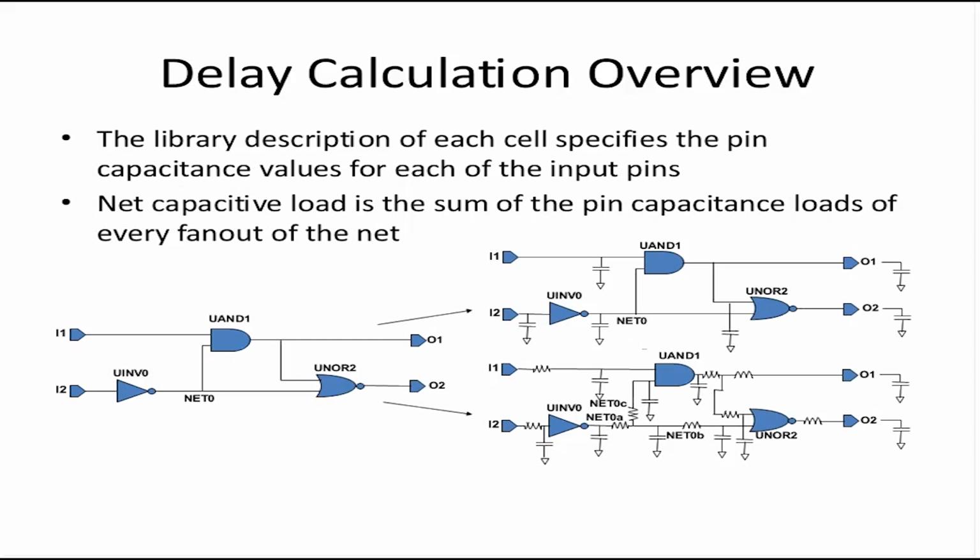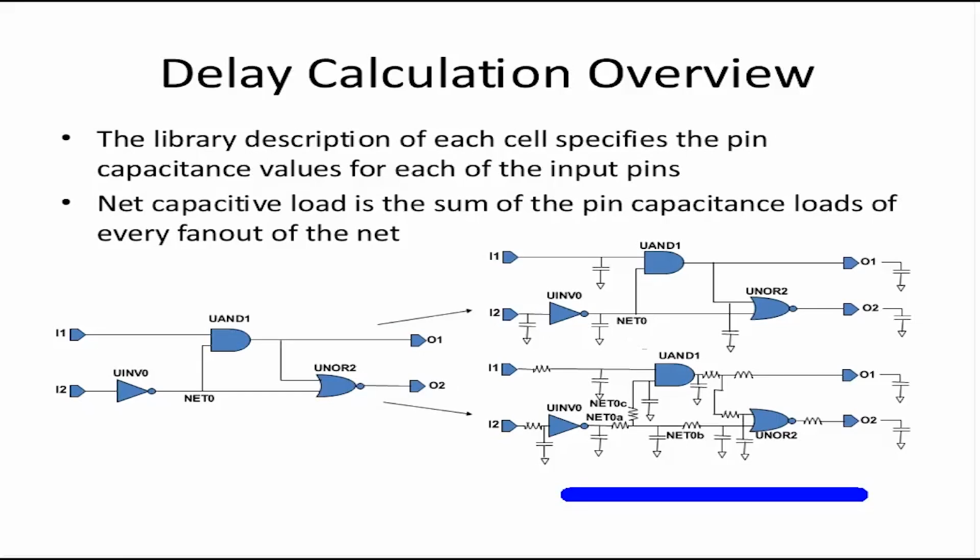On the left-hand side you have a netlist. It is a simple circuit without any RC values. When it goes to physical design, it will get the RC values, and the network will look something like the one on the lower end, with different R values and different C values.